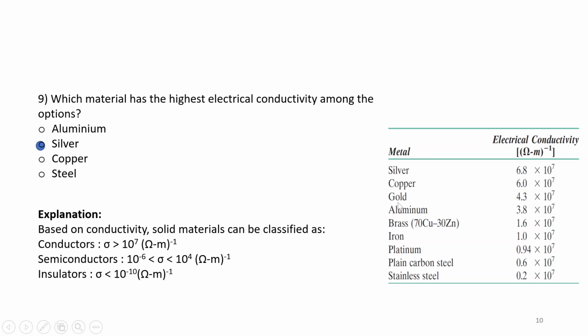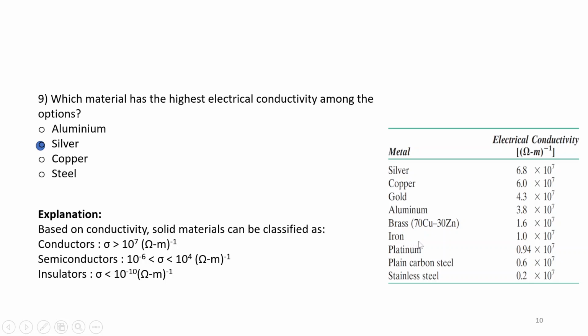So out of these, gold is the most expensive, then there is silver, then copper, then aluminum. So aluminum is the cheapest among these four which has the highest electrical conductivity. So in making wires, copper is used preferentially, and for reducing cost, aluminum can also be used.